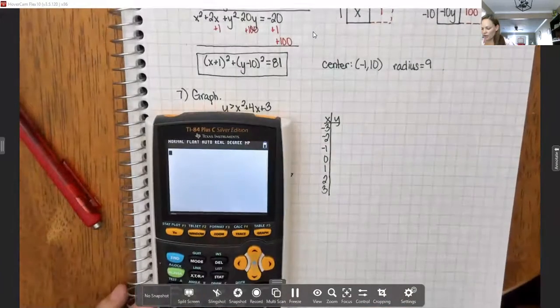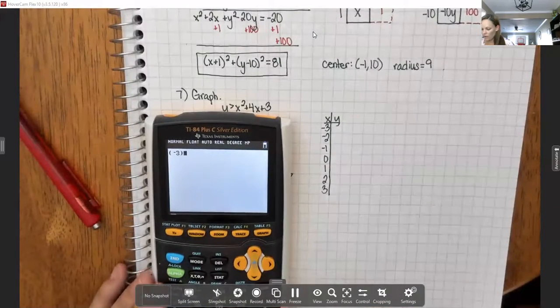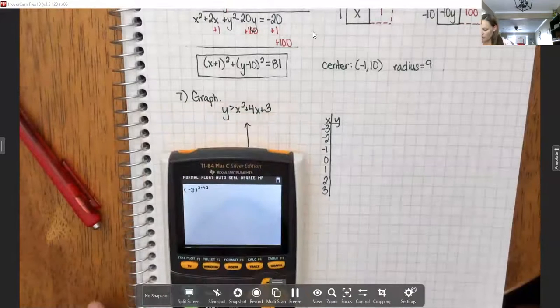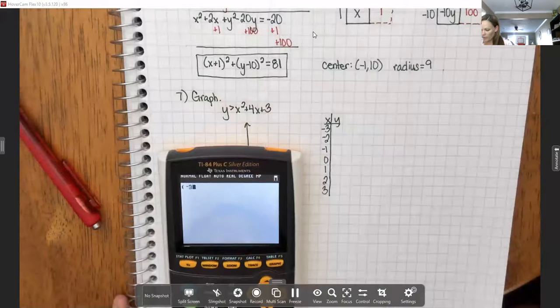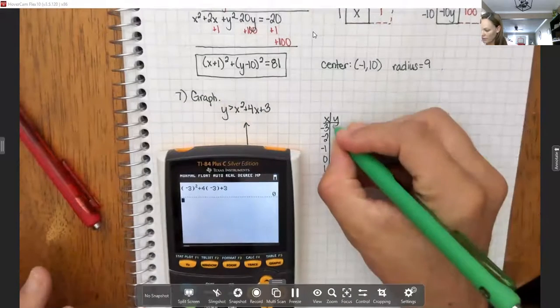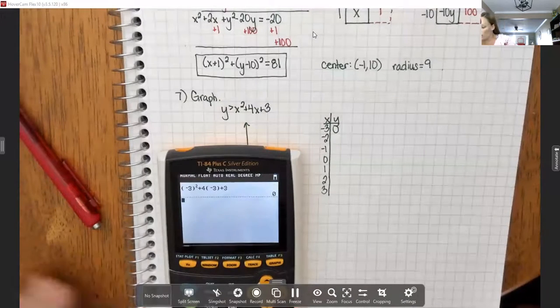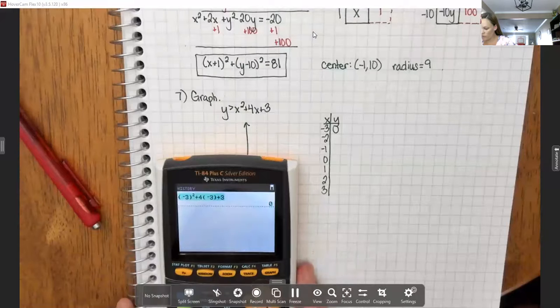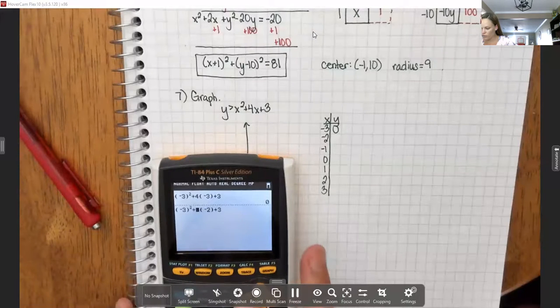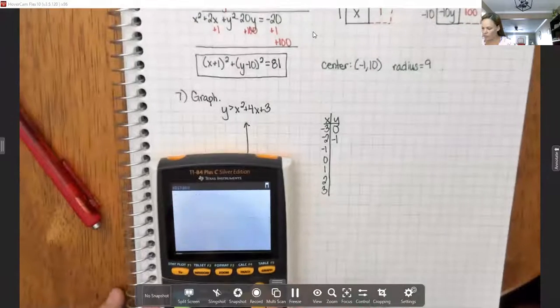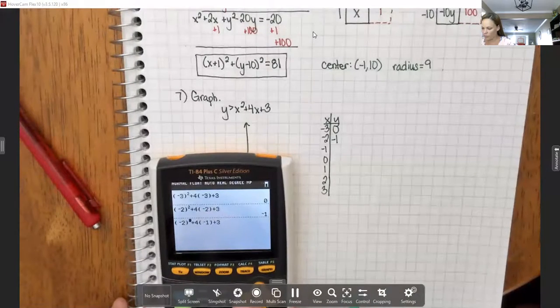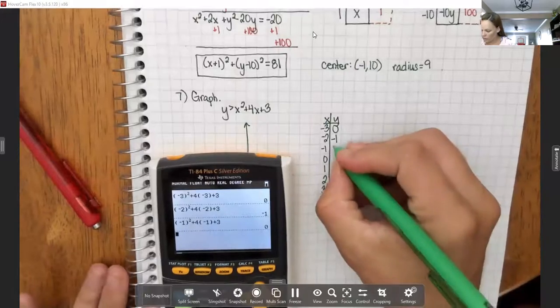So if I just plug in negative 3 squared plus 4 times negative 3 plus 3, I get 0. Probably would have been quicker without my calculator. Plug in negative 2. I get negative 1. Then negative 1, zero again.